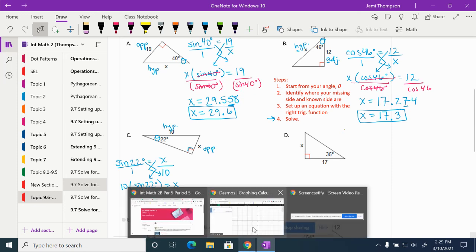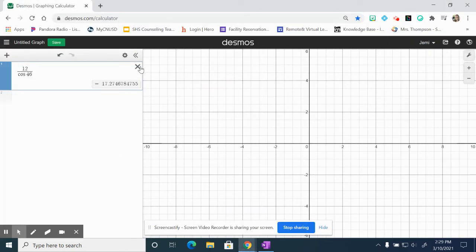So what does that look like on here? 10 times. Now you'll notice that there isn't a multiplication button because if I just type 10 sine 22, it's automatically multiplication. If you feel more comfortable adding in parentheses, you can certainly do that.